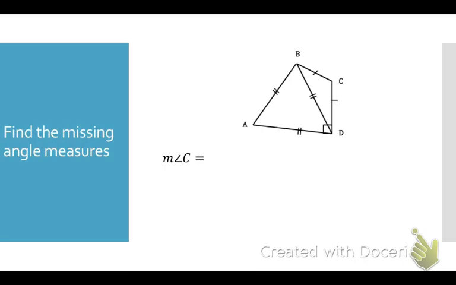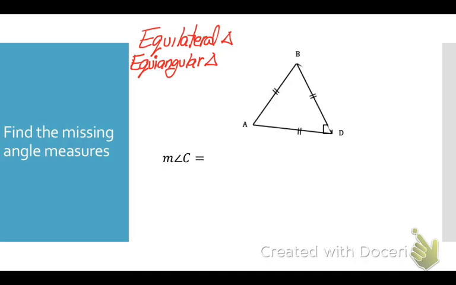All right, I've got two triangles, so I'm going to break these apart. I'm going to ignore that small one, and I'm just going to look at this big one, triangle BAD, and I see that this is an equilateral triangle. Well, I know that all equilateral triangles are also equiangular. Therefore, all of those angles must equal 60 degrees.